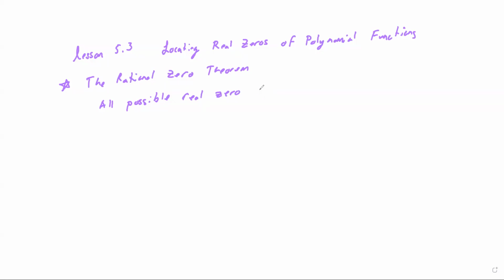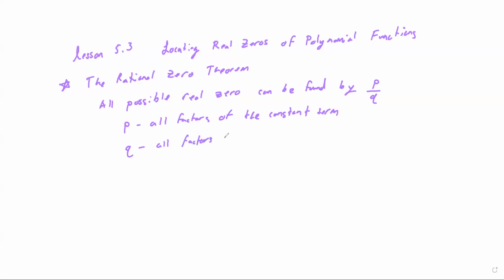So all possible real zeros can be found by P divided by Q. The P is all factors of the constant term, and the Q is all factors of the leading coefficient.